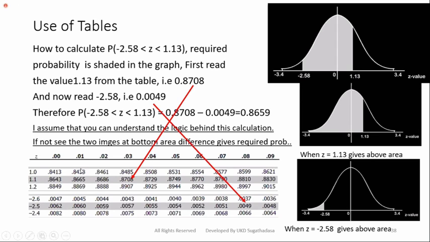Remember, you can't see these two portions so closely like this, because I just copied the two portions from the tables: one portion from the positive table, one portion from the negative table. Then only we combine them in this diagram here. Then take the difference, 0.8708 minus 0.0049. Then you get the required probability. The diagram shows it in the first.